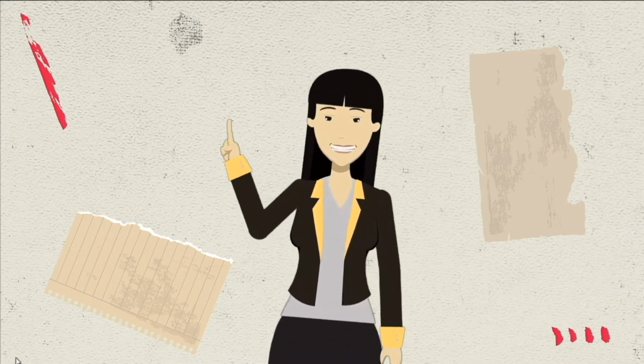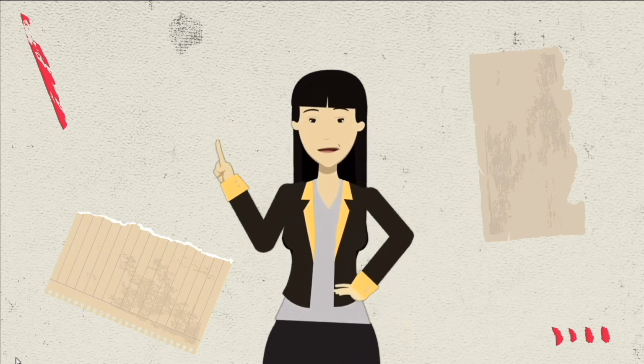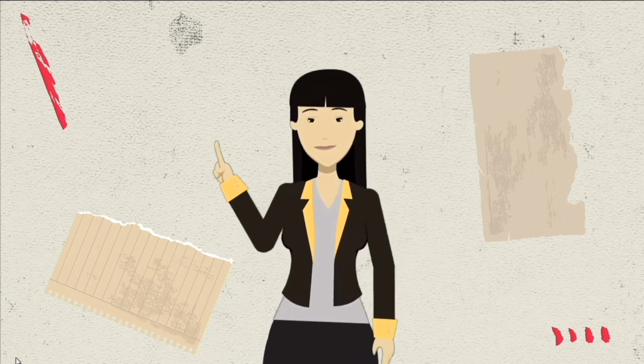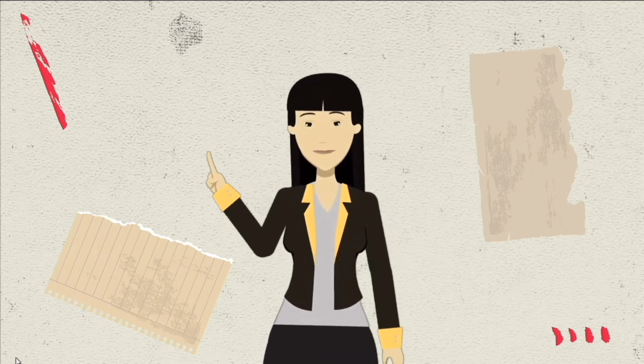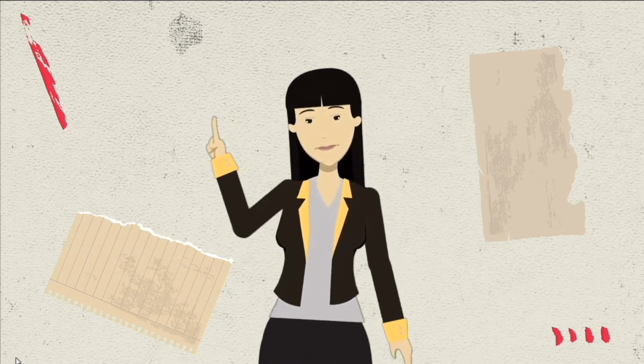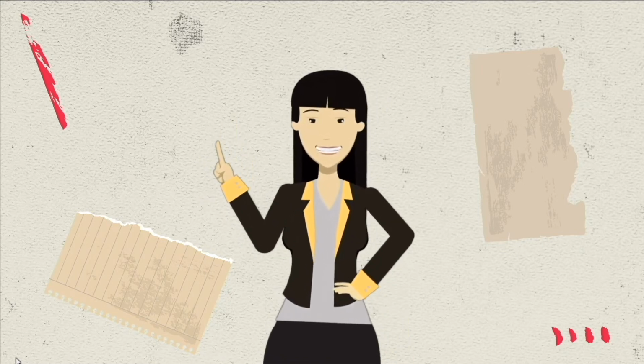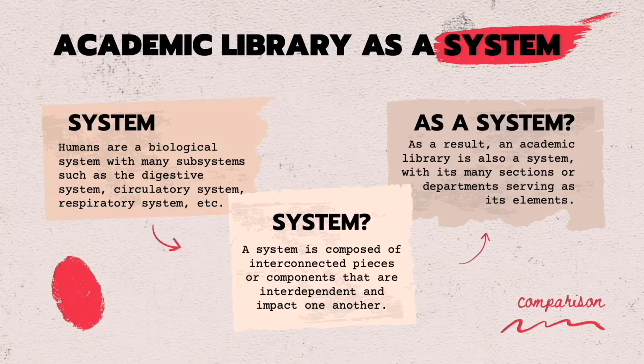Let us understand the academic library as a system. You must have seen various political, economic, social, and educational systems. Humans are a biological system with many subsystems, such as the digestive system, circulatory system, respiratory system, etc. What is a system?